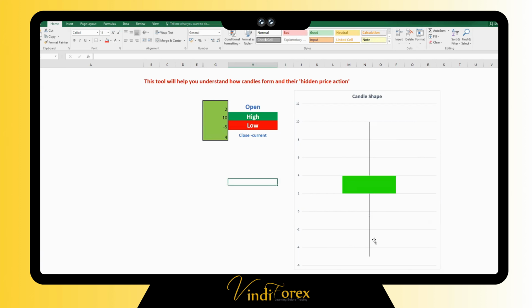Wick is not 0, body is not 0, but this is not indecisive because the wick is here and then the body is here. So you check how much of a wick and how much of a body. If body is equal, I'm saying if a lot.